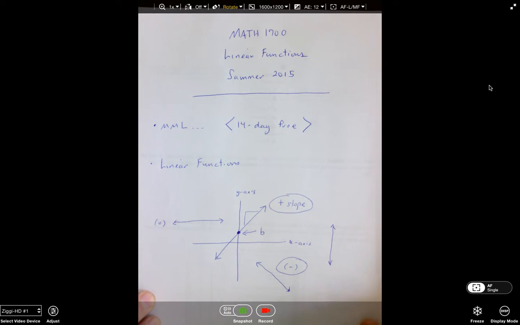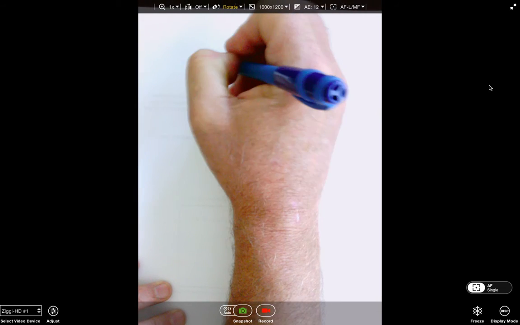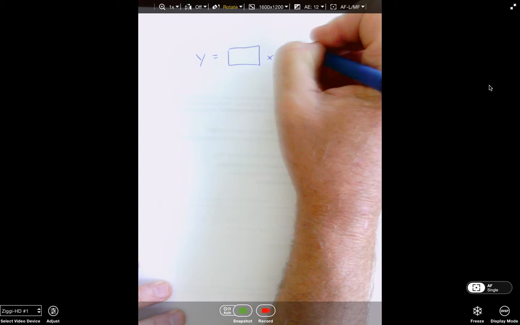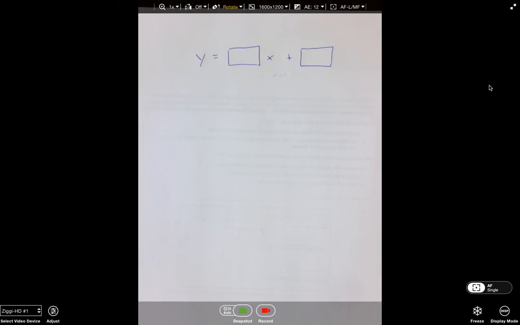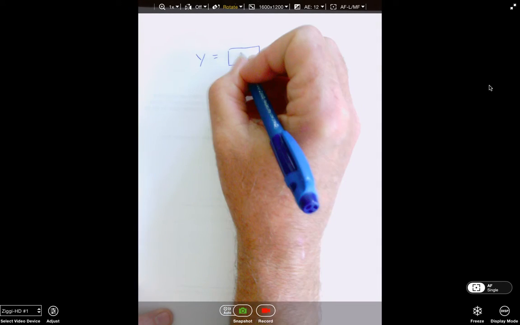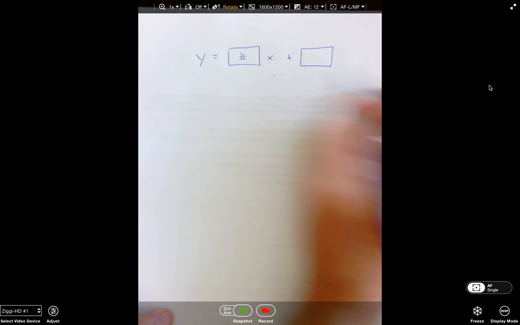Now, all linear functions come in the form that I'm giving you here. They come in the form of y equals some number times x plus another number.